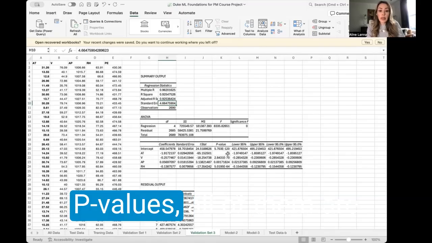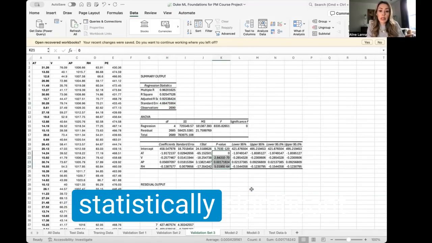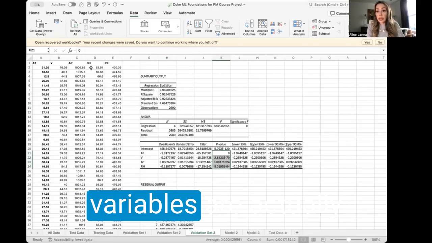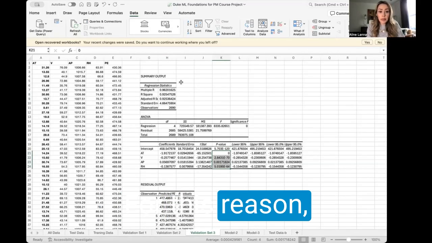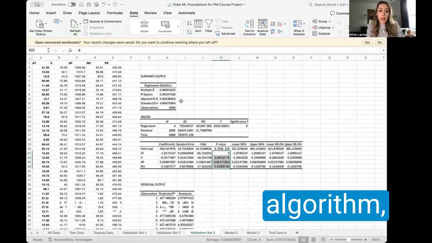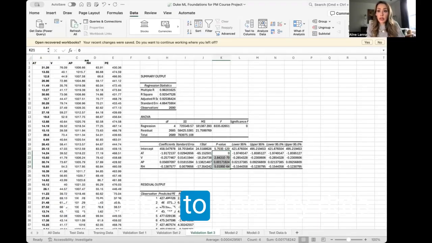When I look at the p-values, all of them are statistically significant. It looks like all of my variables are actually influencing power output at the plant. For this reason, I will be using this algorithm, which includes all four attributes, to train my data and to test my model.